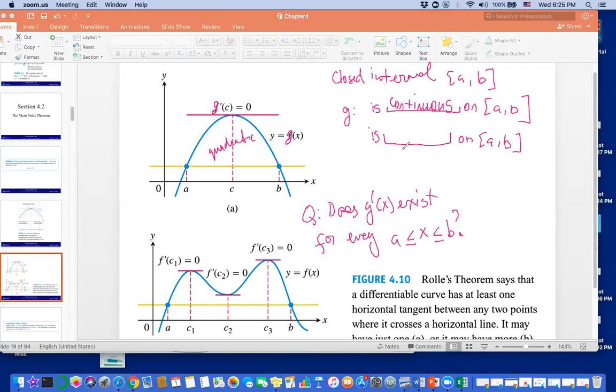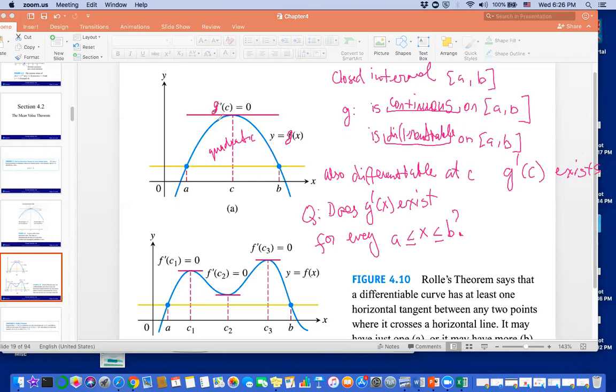Differentiable. The function is differentiable, and it's also differentiable at C, meaning that g prime of C exists.